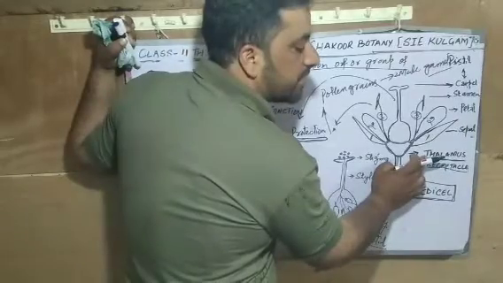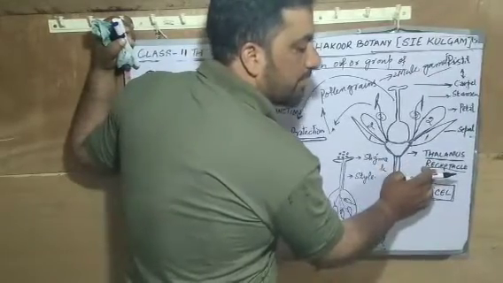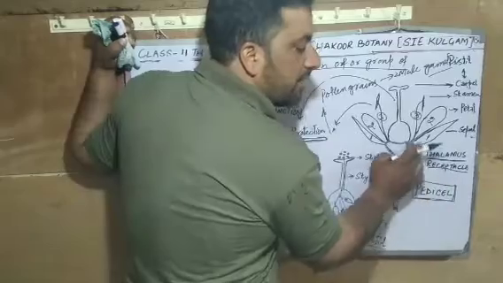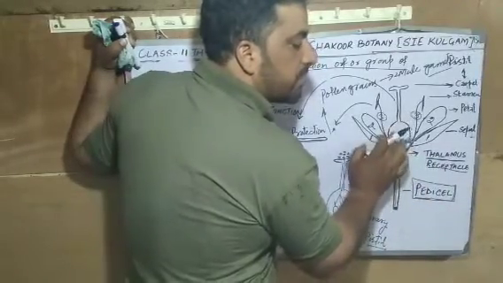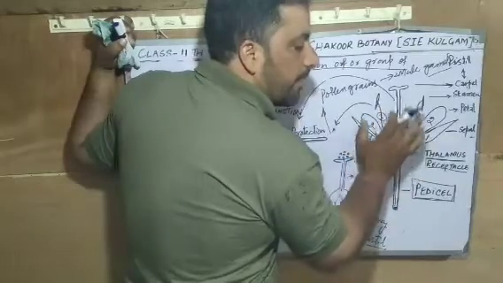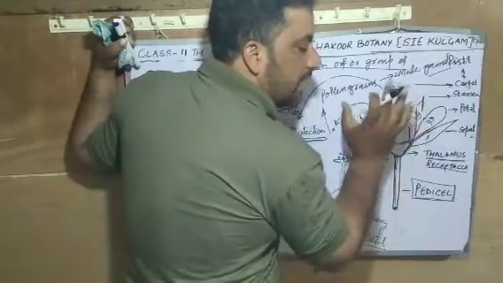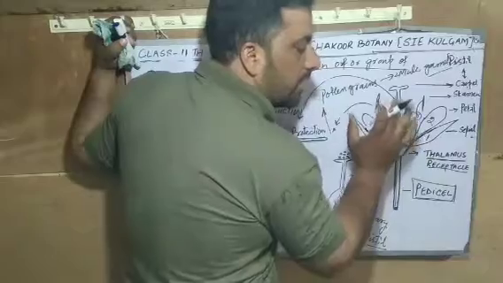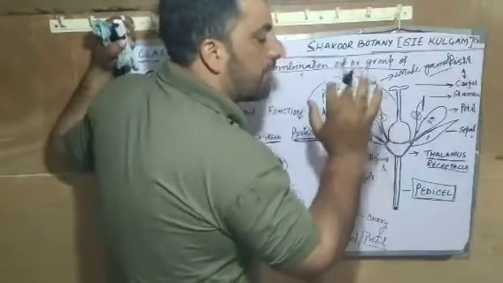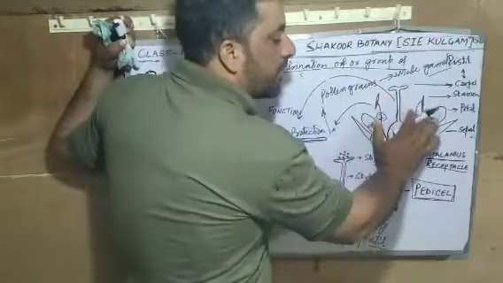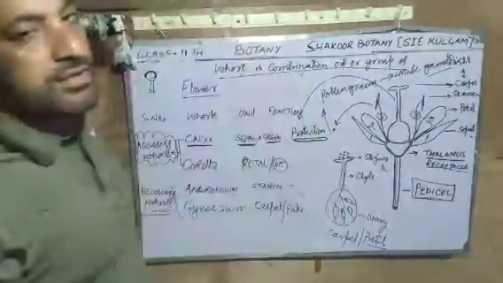That superficial structure is called as thalamus, और thalamus का दूसरा नाम receptacle है. Why this pedicel expands terminally? The purpose is to bear the reproductive whorls, the calyx, the corolla, the androecium and the gynoecium. So thalamus के ऊपर ये सारे reproductive whorls जो है ये arise होते हैं.